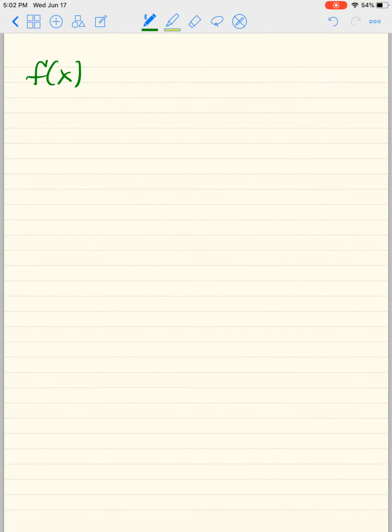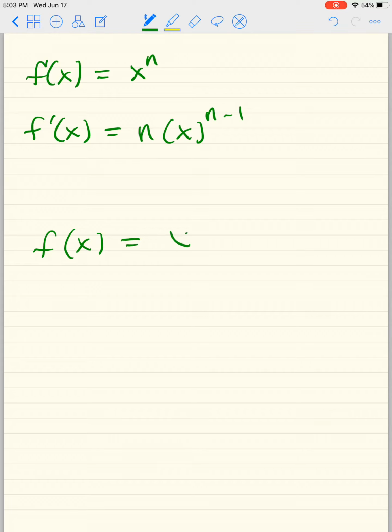If f of x equals x to the n, then your derivative is equal to n x to the n minus 1. That's amazing. How beautiful. So if f of x equals x to the third, then f prime of x is equal to 3x squared. And that's all.